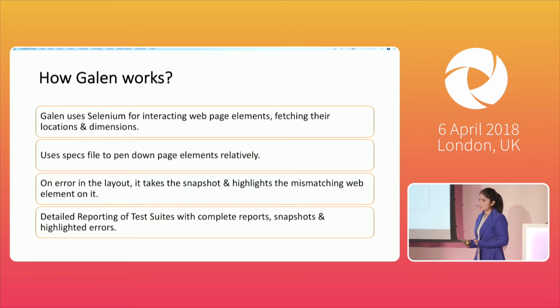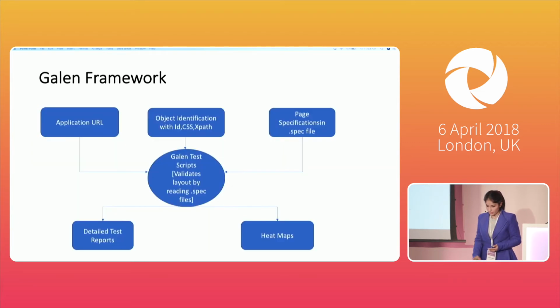Galen uses a specification file to understand the relative distance between each of the objects on the web page. If any error comes in my layout, it highlights that particular web page element where the error comes, and it gives snapshots of that. So I can easily see in my report where the problem came. This is a pictorial representation of Galen.